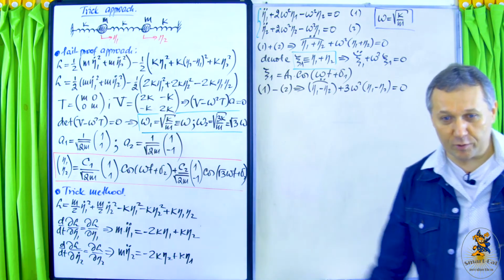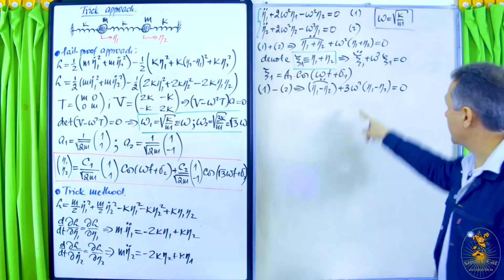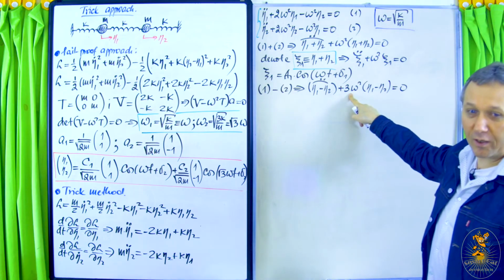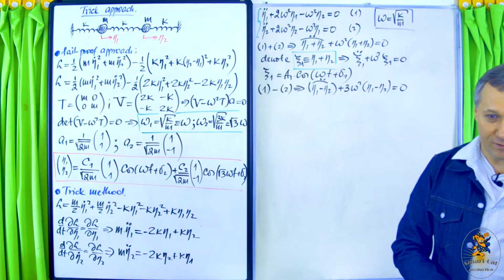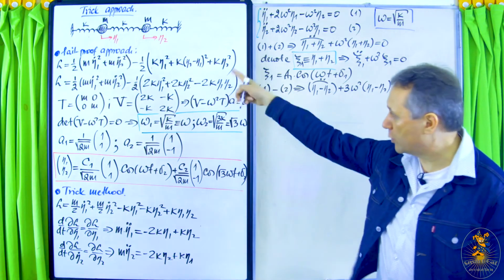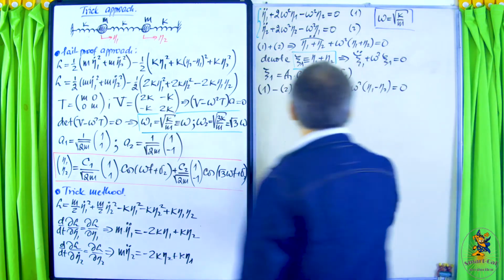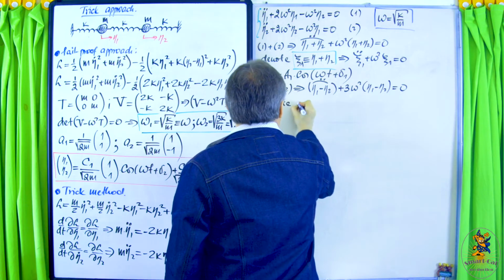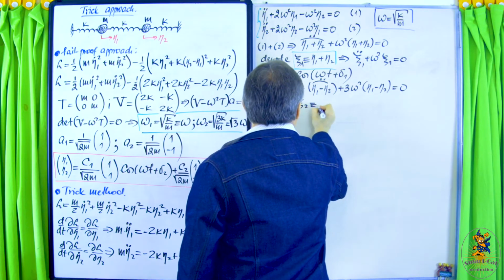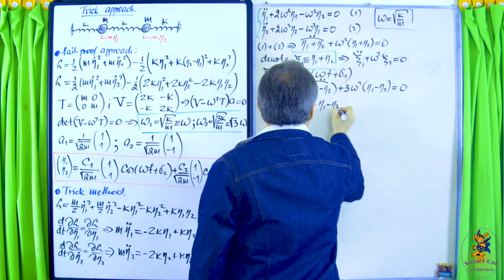So let's introduce the second normal coordinate. You see, this new coordinate oscillates with the second frequency, the frequency of the second normal mode. Now again, let's denote psi 2 as eta 1 minus eta 2.